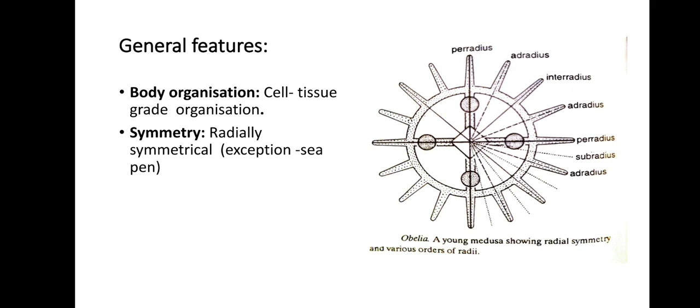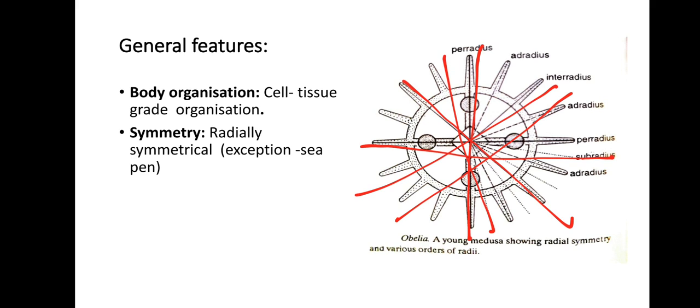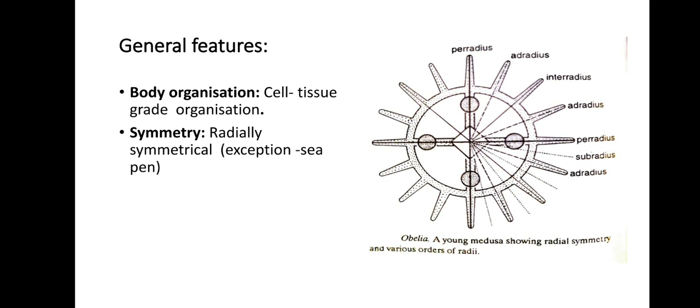Similarly, you can cut them in different ways, like this, this, this. In any of these planes, you are going to get identical halves. Usually this is an anterior-posterior axis, and the cutting plane should pass through the central axis of the body. So since we are able to get two identical halves in any vertical plane passing through the central axis, the symmetry of Coelenterata is radial.